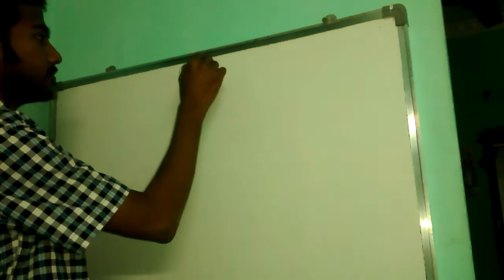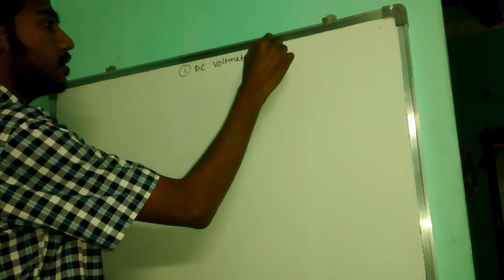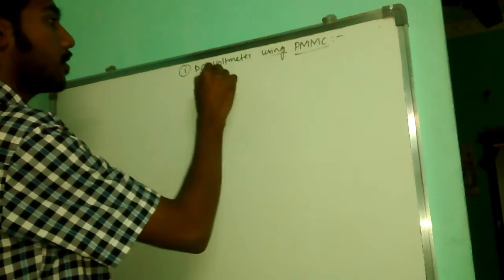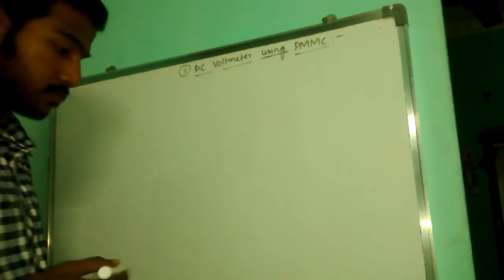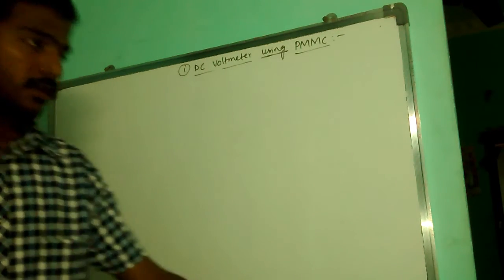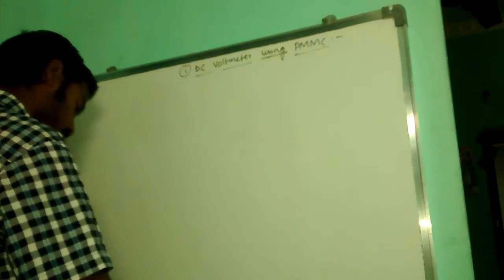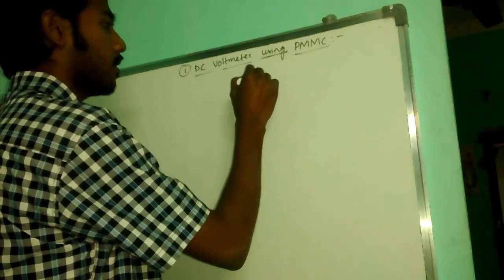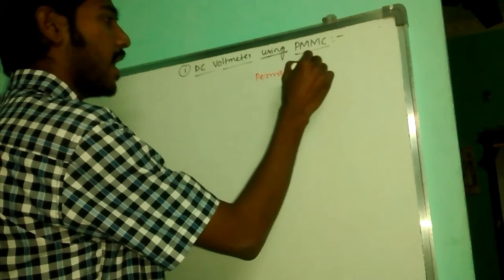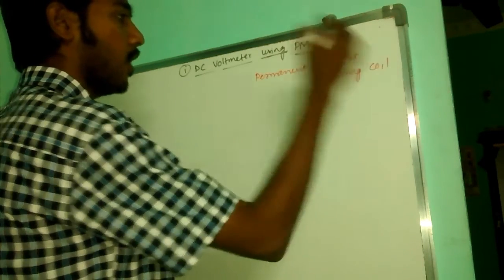DC voltmeter using PMMC. PMMC stands for permanent magnet moving coil.